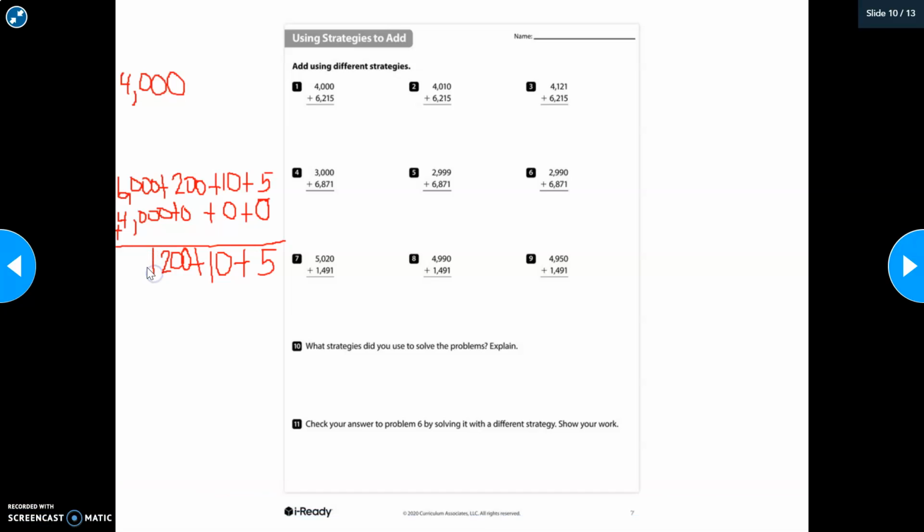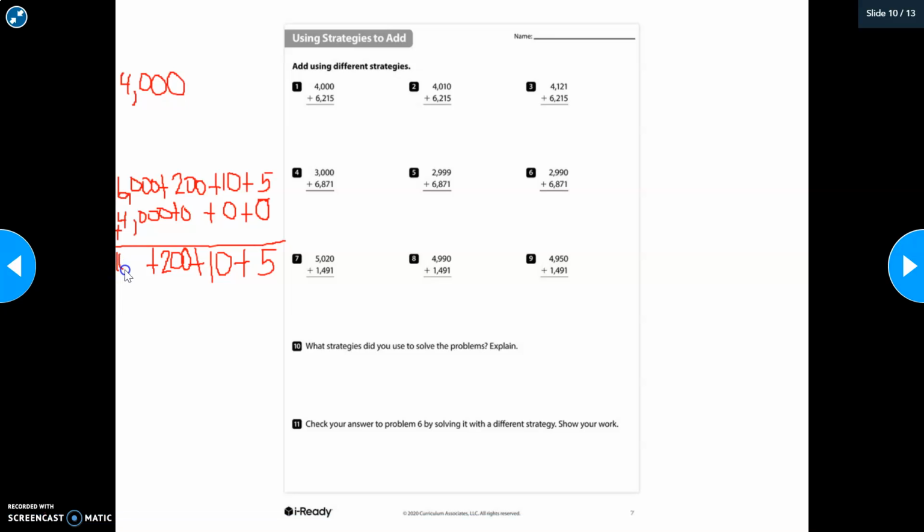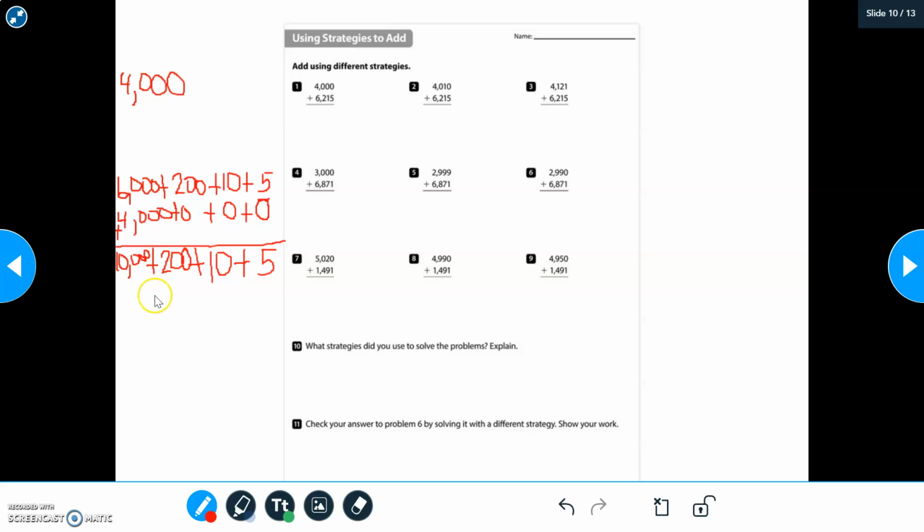Drop my plus sign. And 6,000 plus 4,000 is 10,000. Ooh, it's going to be a little tight, but I can do it. Oh, that's 10,000. But I'm not going to leave my answer in expanded form.